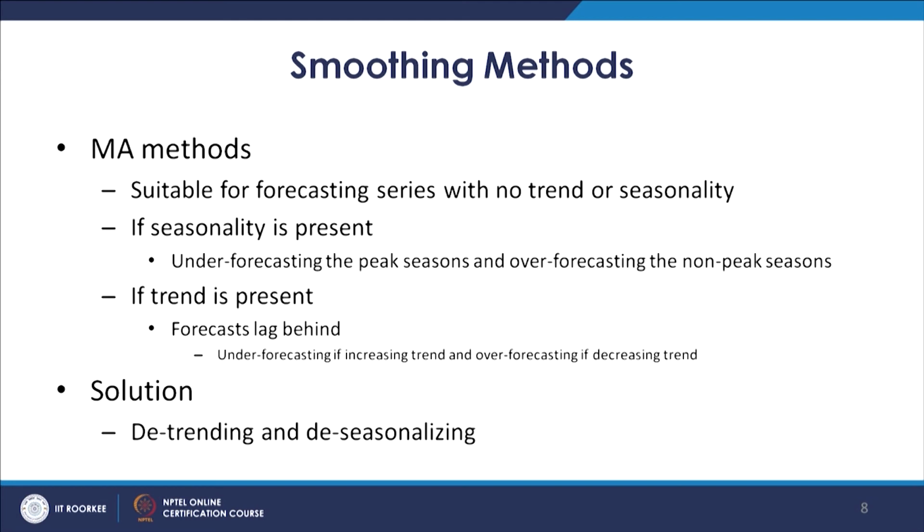Essentially these moving average methods can be used to forecast or understand the level and noise. What you are trying to do is forecast the level of the time series and average out the noise.